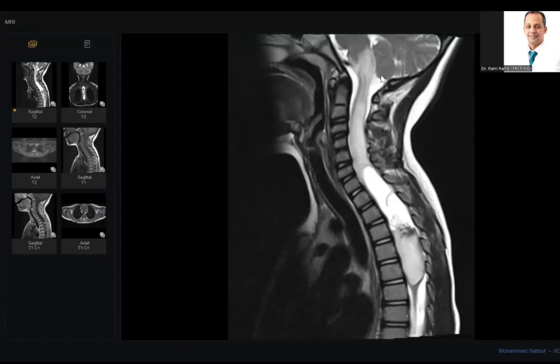He will undergo a brain MRI, and you will find fat globules either intraventricular or in the CSF, and you will not find any teratoma or dermoid cyst in the brain.